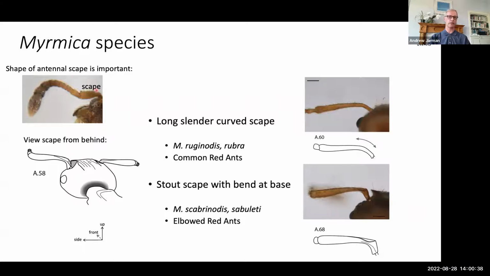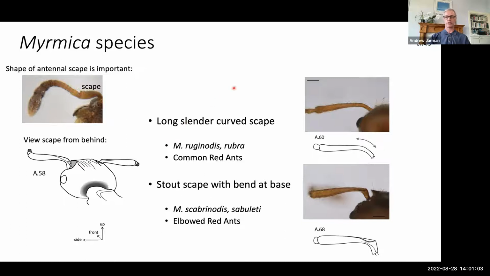So this is the antenna, the antennal segments, and the basal segment, the first segment, is this elongated segment called a scape. And the important thing when going through the keys, looking at Myrmica species, is it's best to view the scape from behind. So if you view your ant from behind the head, you'll be able to see the shape of the scape much more easily.